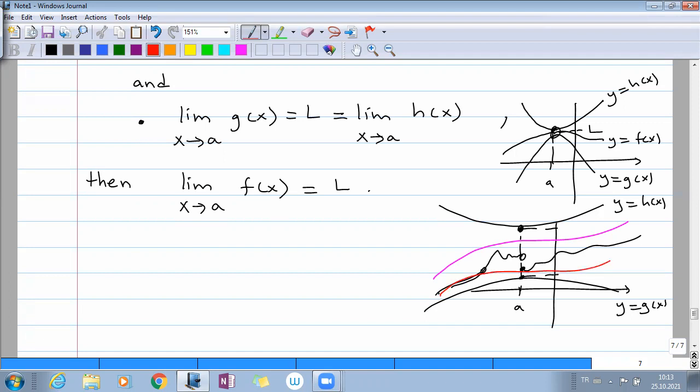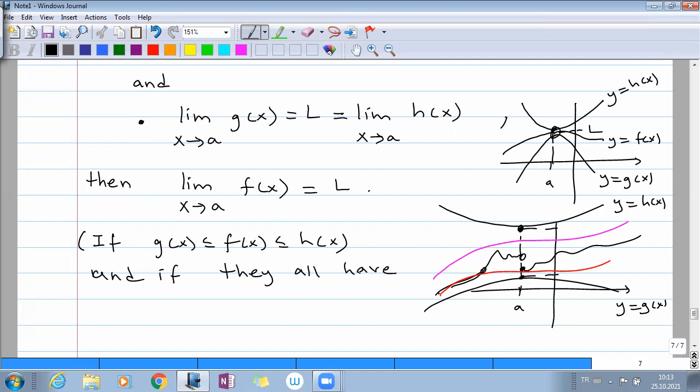What you can say is, now if g, f, h all have limits, then we can say that the limit of g is less than or equal to the limit of f.